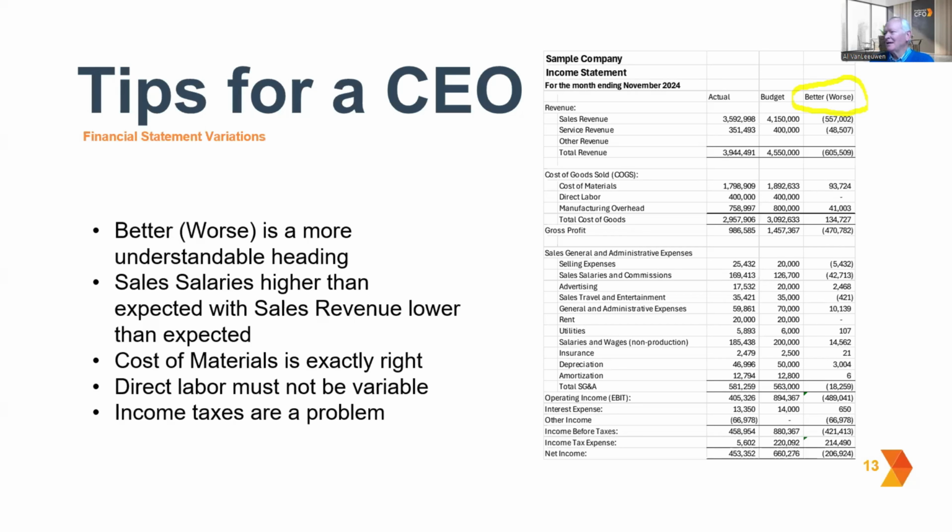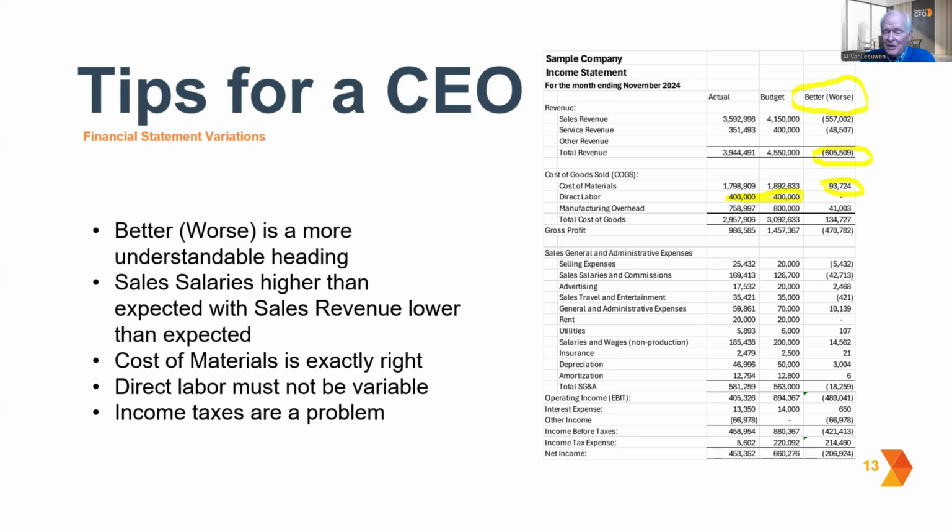So in this case, you can see my revenues are $600,000 worse. My materials are $93,000 better. Very interestingly, my labor is exactly the same, which means when sales go up or down, my labor isn't going to change.